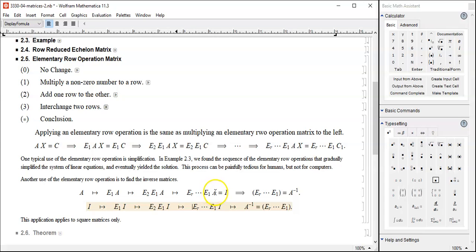Then A times all those becomes I, but I times all those becomes this very expression, E1 through ER to the left, and that is the inverse matrix we are looking for. So this is the theoretical background of using elementary row operations to find the inverse matrix.